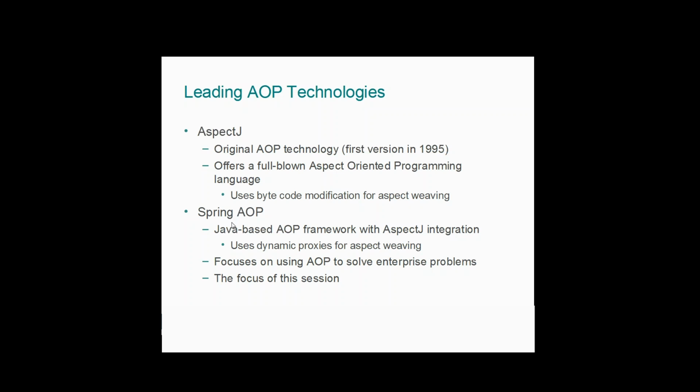So Spring AOP is implemented using this AspectJ concept only. It has borrowed some of the things from AspectJ and implemented them, which is going to solve maximum problems in building my enterprise applications. One key difference between AspectJ and Spring AOP is the weaving technique.